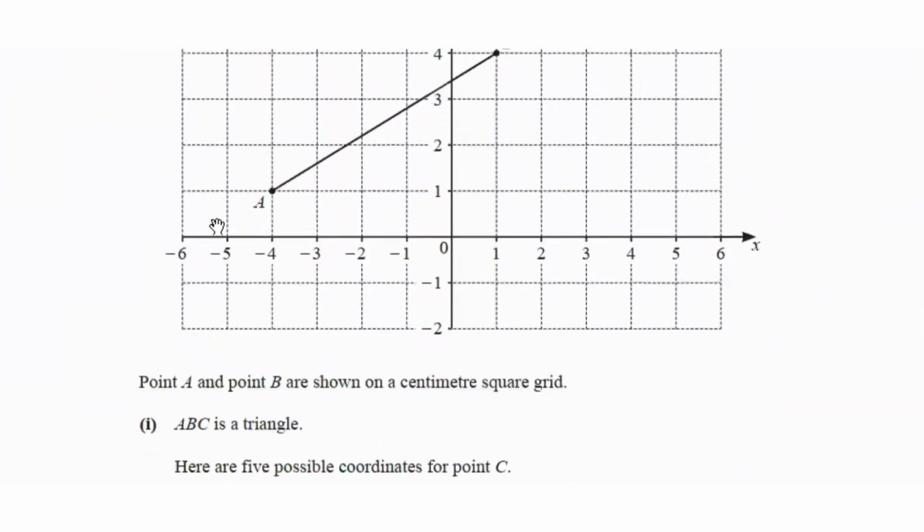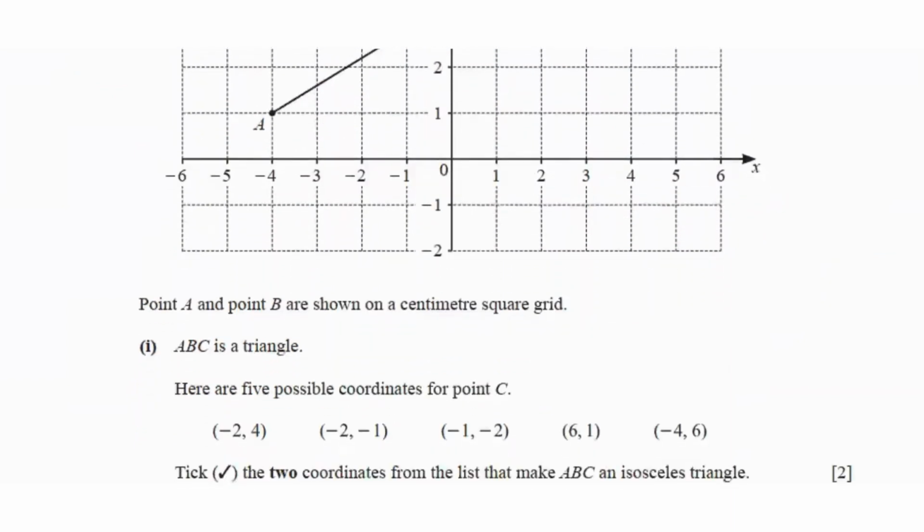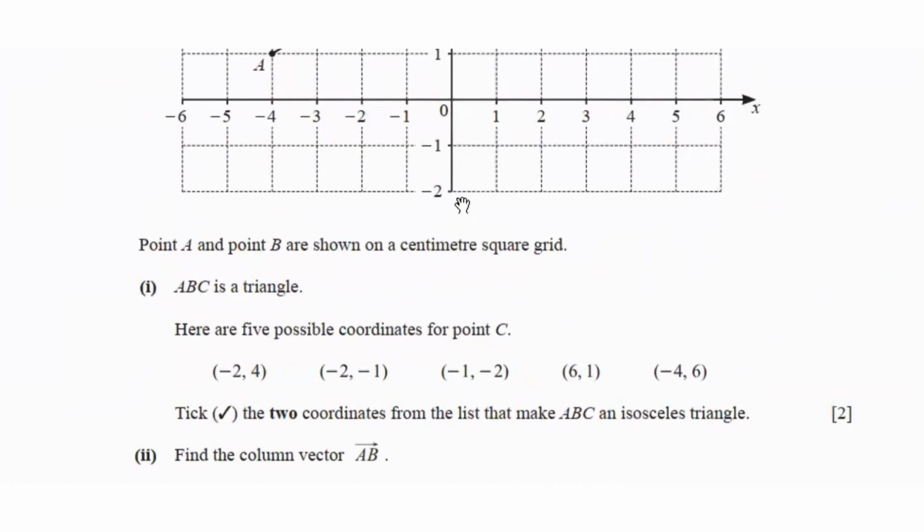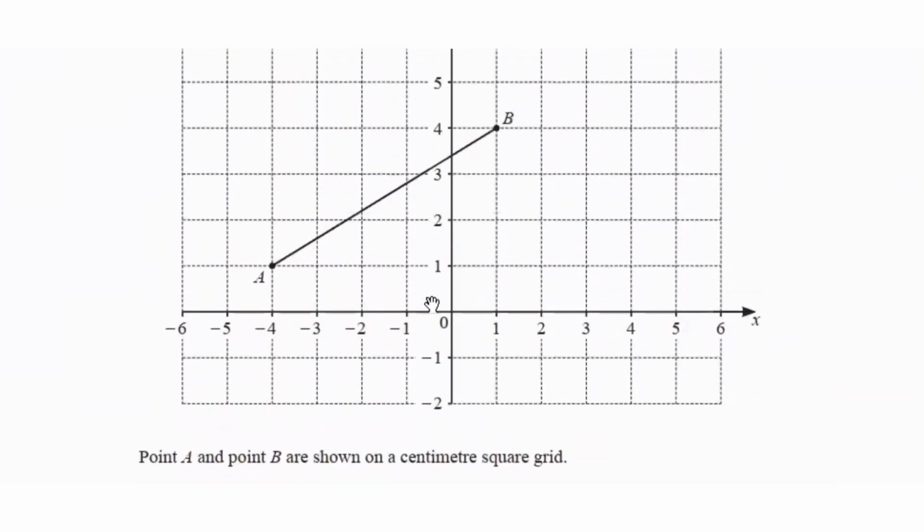Question 7 says, points A and B are shown on a centimeter square grid. ABC is a triangle. Here are 5 possible coordinates for point C. Take the 2 coordinates from the list that make ABC an isosceles triangle. So if we choose negative 2 and 4, negative 2 and 4 comes over here. So if we join these 2 points, does that give us the same distance for these 2 points?